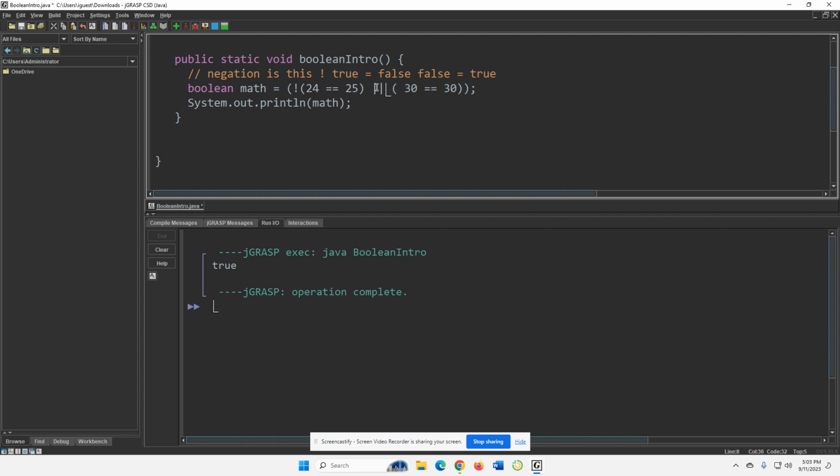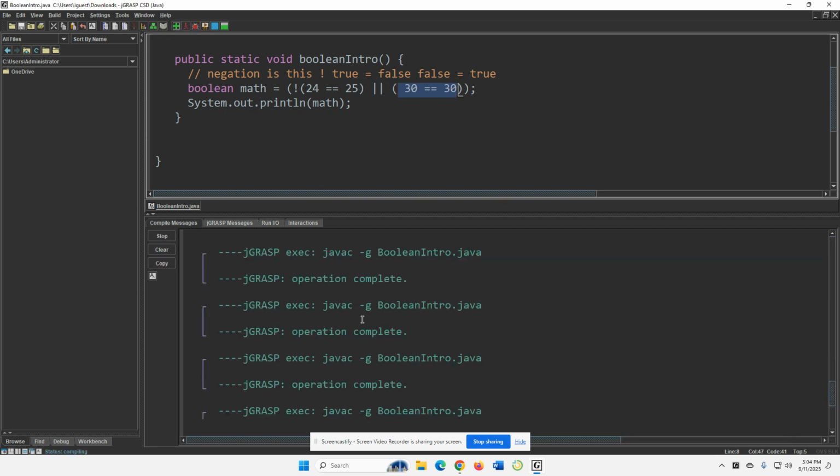Yes, it is. This side here, 30 equal 30, evaluates to true. So as a result, what does this whole thing give us? Or says, is one side true or something is true? Yes, at least one thing is true. So what's the final result of this whole thing? It's true. But we said we want the negation of that. What's the negation of true? It's false. So that's basically the idea of the negation.